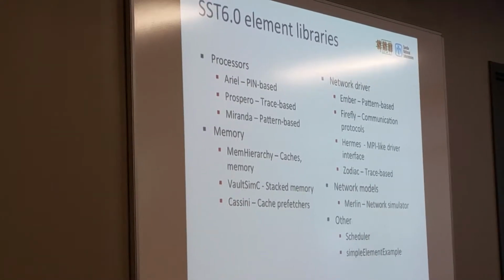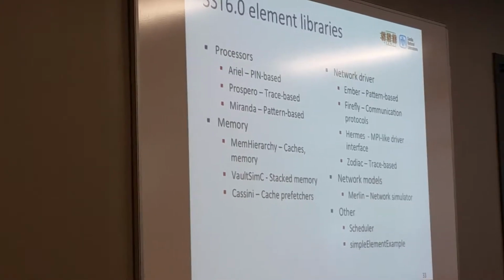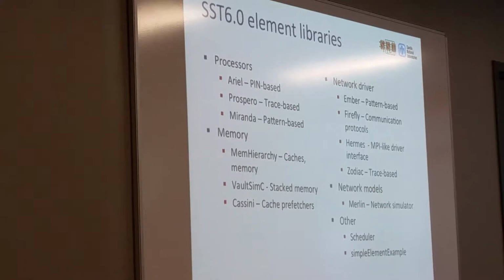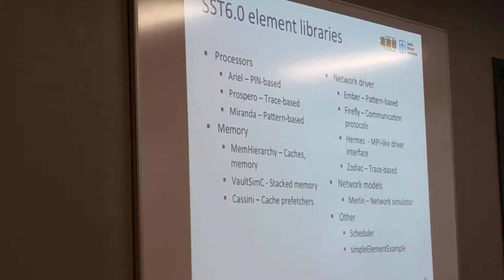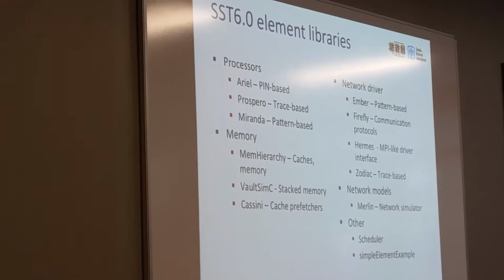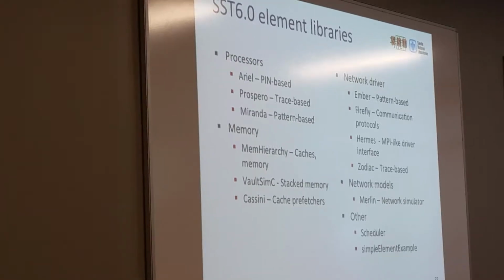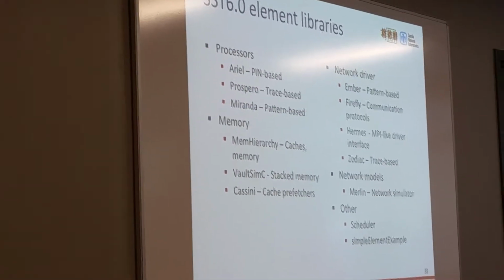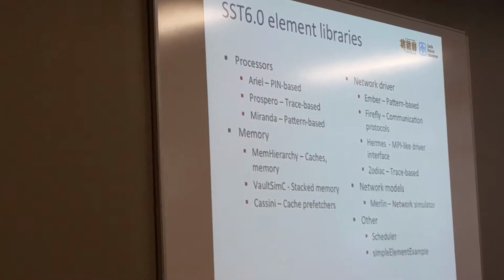We also have VaultSim, which is a model of a generic stacked memory, similar to an HMC or HBM, but which can be parameterized to look like a number of different things. Cassini is a library of cache prefetchers, which can be extended to do simple types of streaming prefetchers. On the network side, we have a number of ways of driving our network.